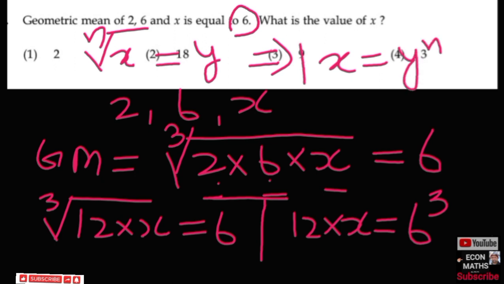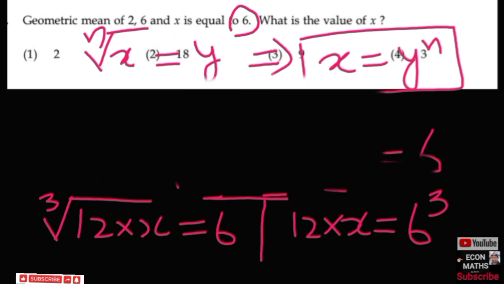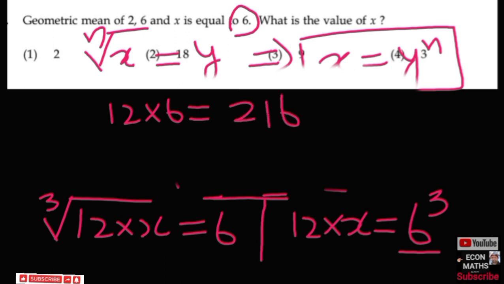This is the basic rule. Now here we have 12 into x is equal to 6 cube. Now 6 cube is equal to 6 into 6 into 6, that is 6 6s are 36 into 6 is equal to 216.